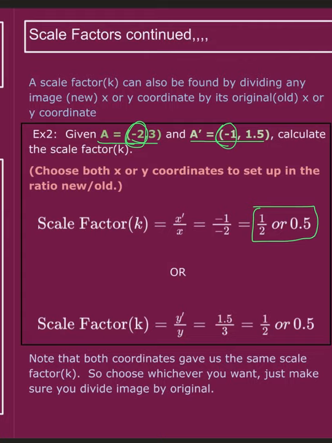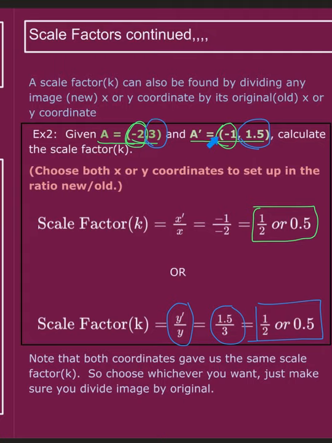In the second example, I used both y coordinates. Take the new y coordinate and place it over the old coordinate, new over old, and simplify it. And if you notice, I got the same scale factor.